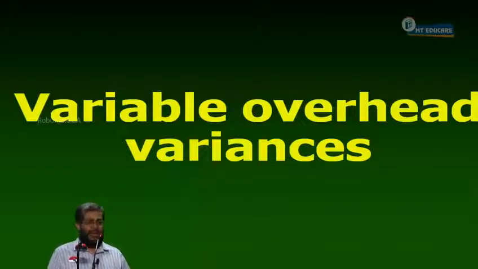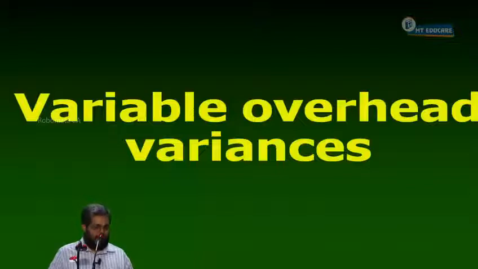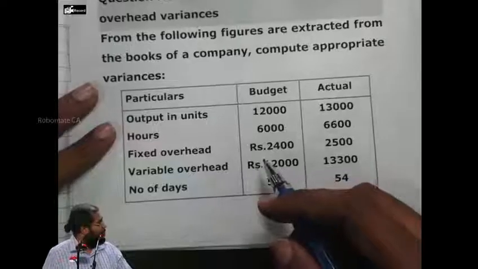Step 1. What is step 1? Standard rates. SR per unit is equal to formula BVO by BO. SR per unit is equal to BVO divided by BO.